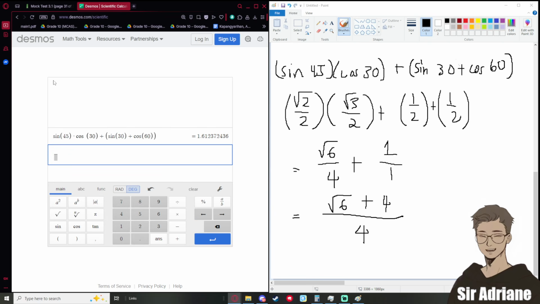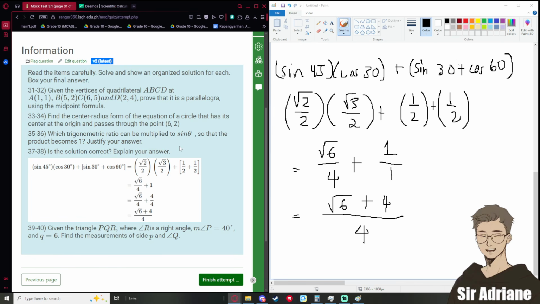So it's a fraction. Square root of 6 plus 4 over 4. Okay, they are indeed equal. Okay, so there are no errors in the solution. Okay, that looks right.